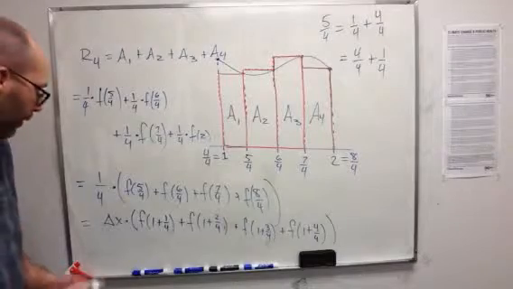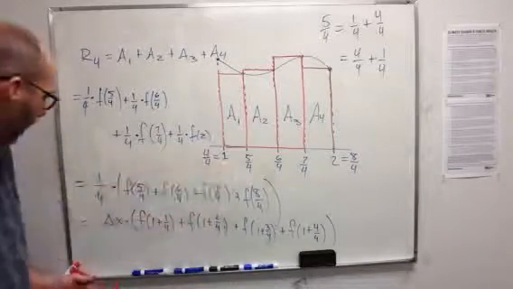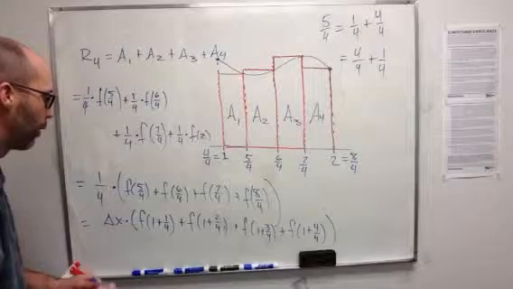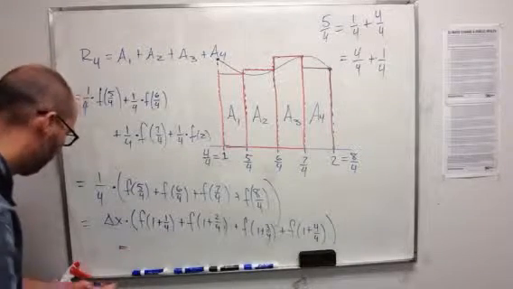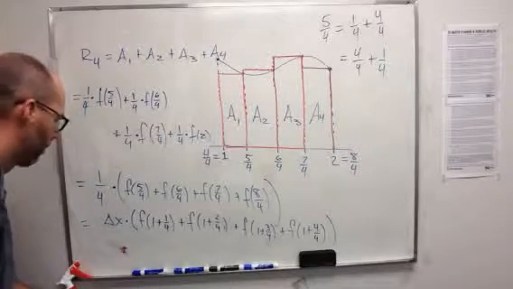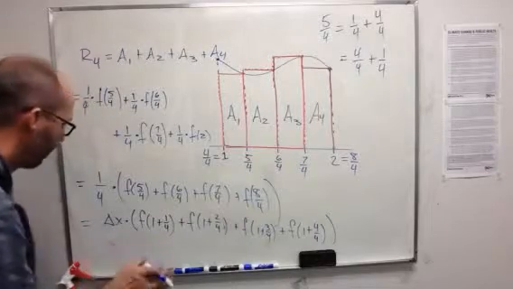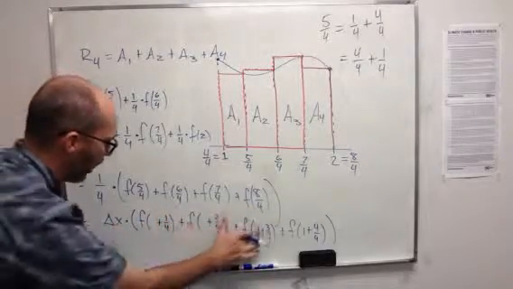Now remembering that 1 is a and 1/4 is delta x, let's replace all the 1's with an a.